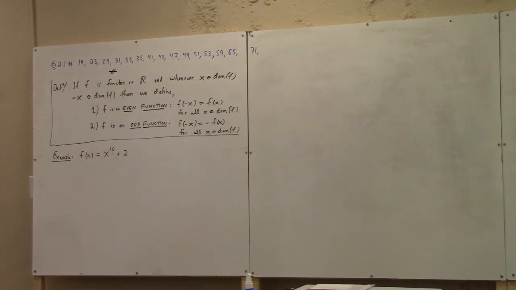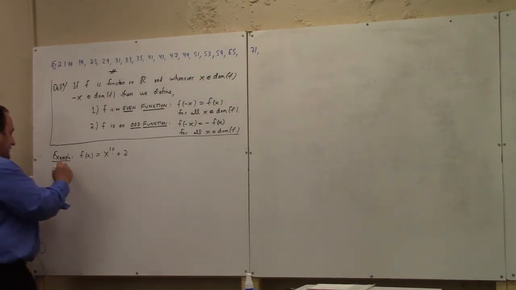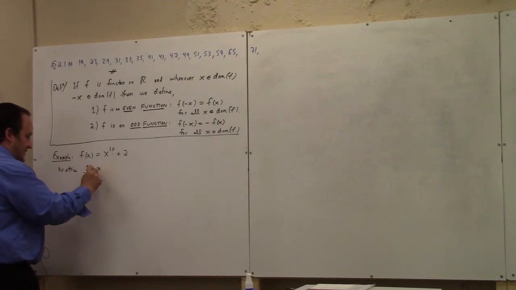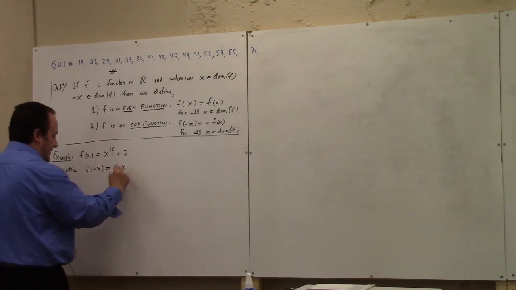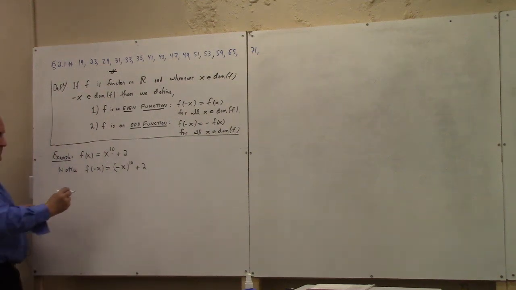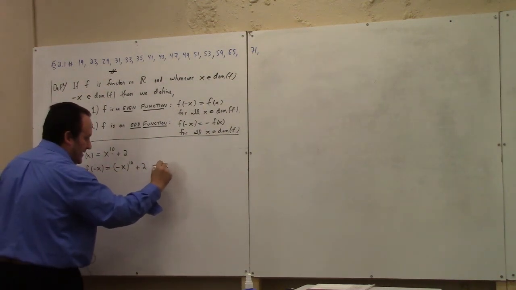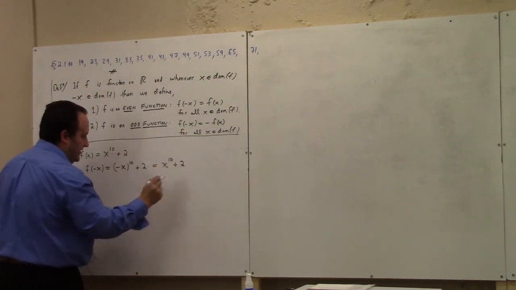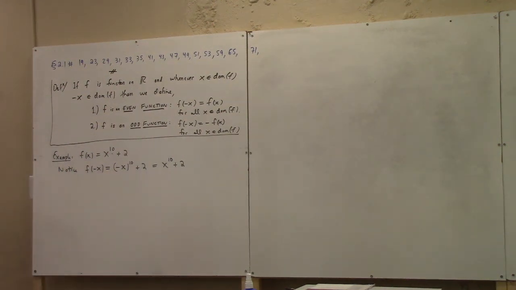So in this case, the domain would be all reals. And notice f of minus x is equal to minus x to the 10th plus 2, which is equal to x to the 10th plus 2, because minus x to the 10th is what?